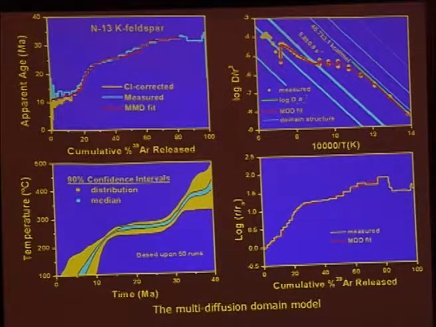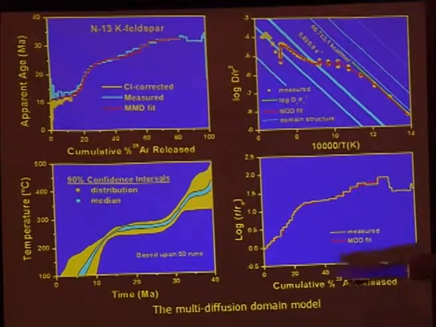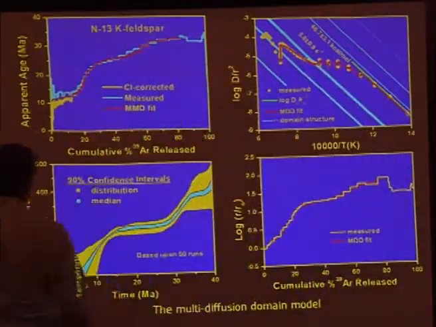As a result of modeling the Arrhenius data with the 6 domains you showed here, I have information about what the frequency factor is. I've got the activation energy. I know what the relative size and relative volume fraction of these different size domains are, from the model I made myself. I can then take this Arrhenius data here, the age spectrum, and I can jointly invert it, and I get a continuous thermal history shown here.